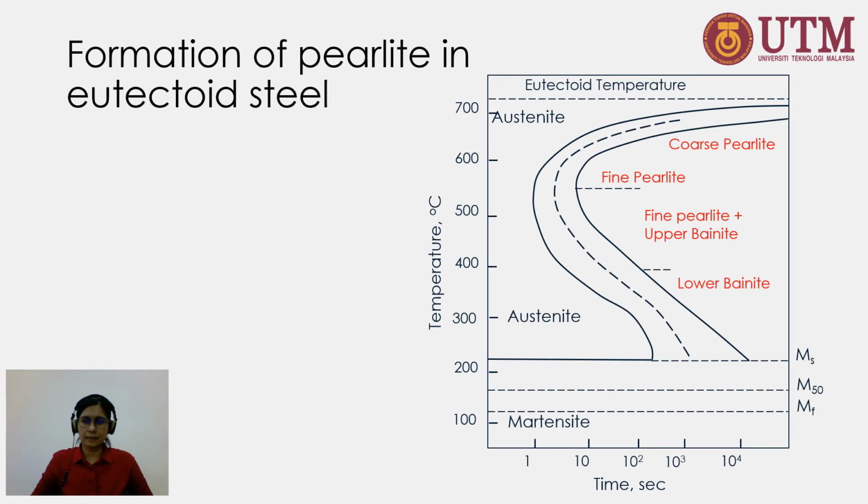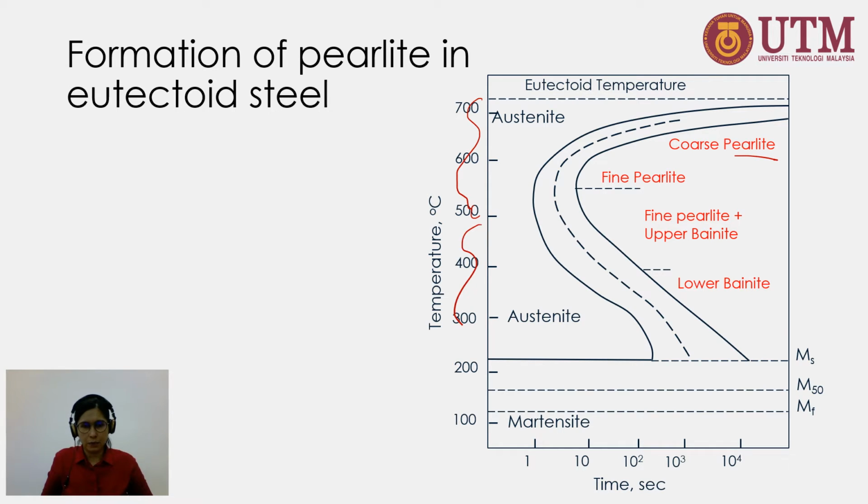So from this TTT diagram, we can observe that in a different range of temperature of isothermal transformation, we can expect different microstructure. So between this range here, what we will expect is pearlite microstructure, either coarse pearlite or fine pearlite.